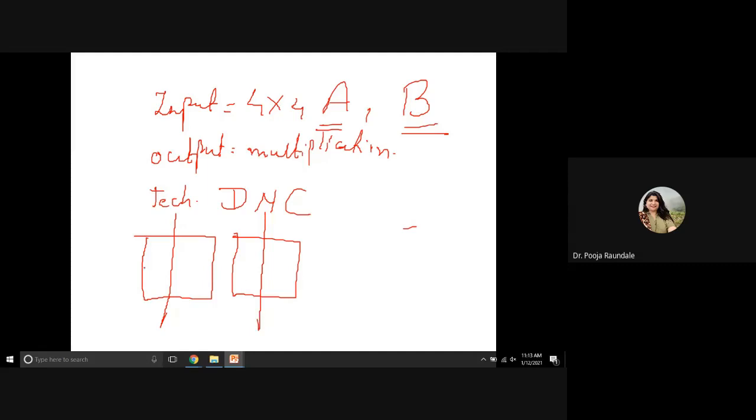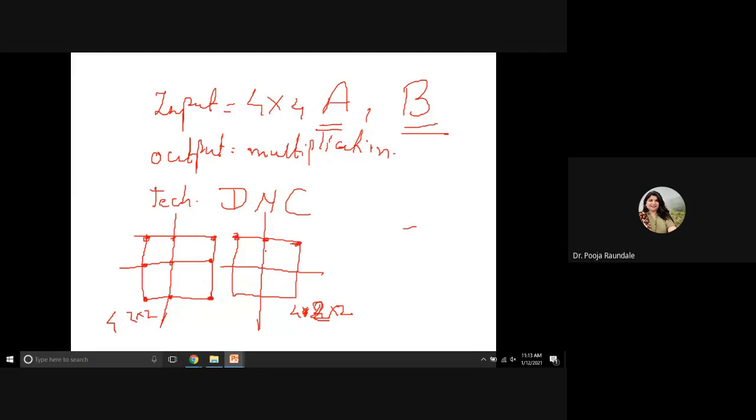So what will you do? You will have to cut your 4 by 4 matrices into 4 pieces. There would be 4 pieces of 2 by 2 here, and 4 pieces of 2 by 2 there. Then you will apply the Strassen's matrix multiplication way. The trick is how you cut it and how you handle these bounds, lower bound and upper bound, the values of row and column; you will have to play around.